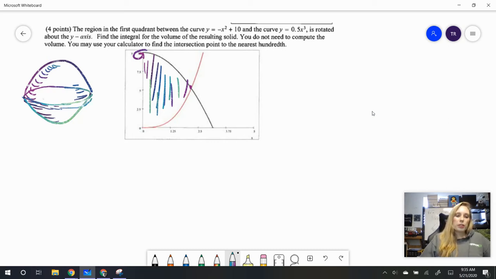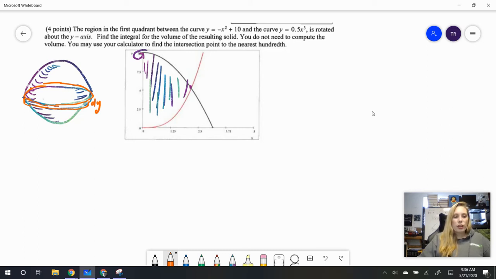Ultimately what we want to do is find the volume of this shape. To do that, we can make perfect little cylinders or discs in here. We make a little cut section here, and the height of the cylinder is, let's call it, dy, in terms of the y-axis.